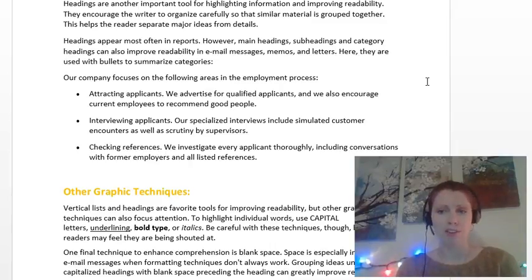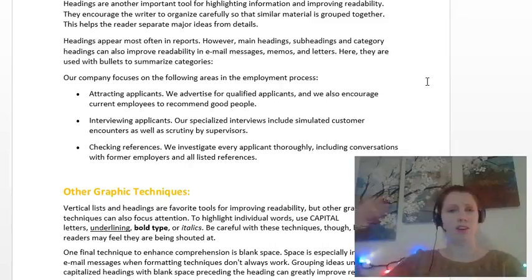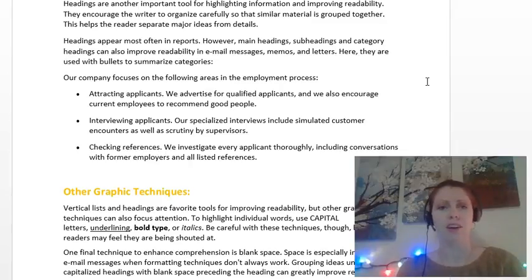Don't think that just because you're using bullets, all of a sudden you can throw all this order out the window. Yes, you could say our company focuses on checking references, attracting people, and interviewing people. It's not terrible, I suppose, but it's really not that great either. So try to keep the sequence even when you're not using numbers.